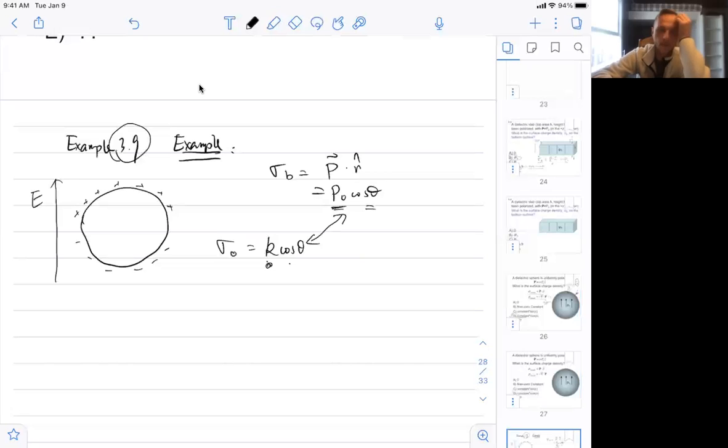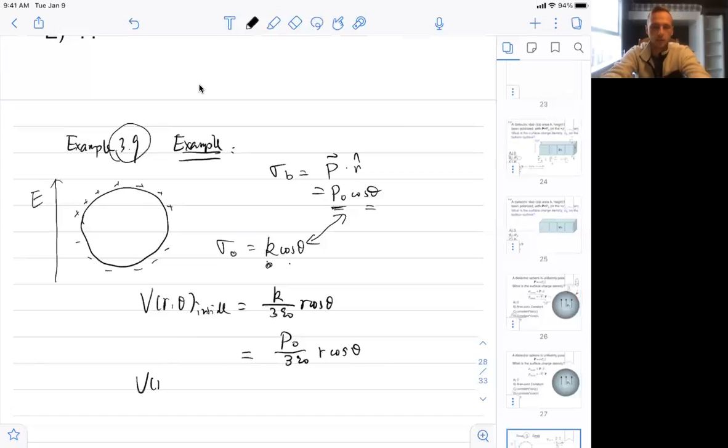So previously in the textbook, we have solved V outside of the sphere and V inside the sphere. So V inside was K over 3 epsilon naught R cosine theta. And now our result is going to be simply, replace K with P naught over 3 epsilon naught R cosine theta.